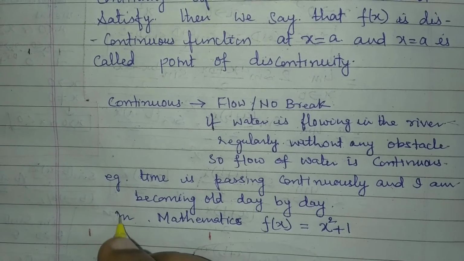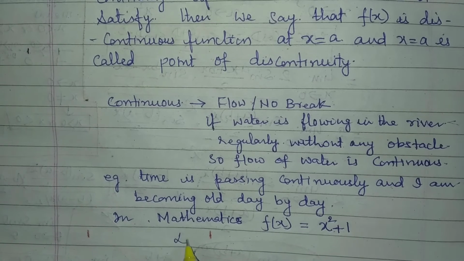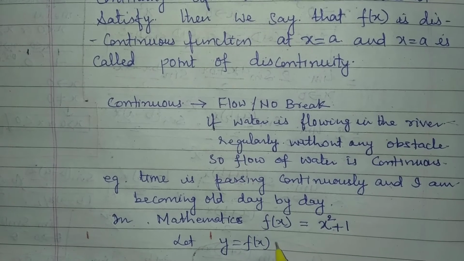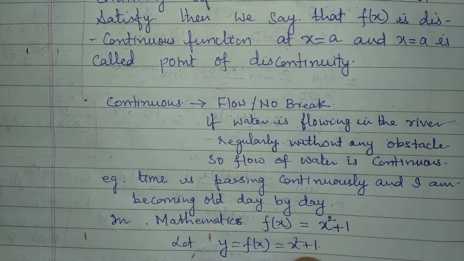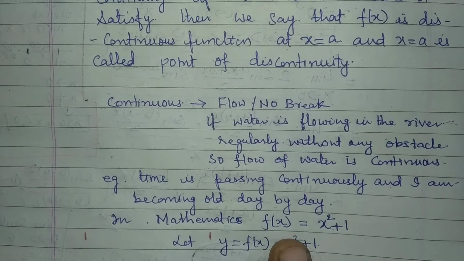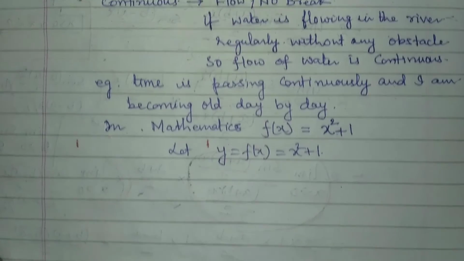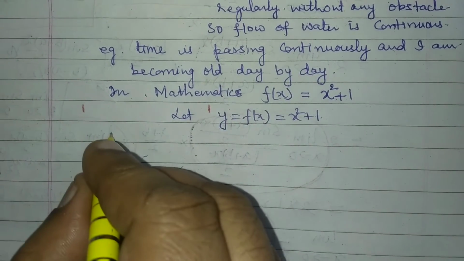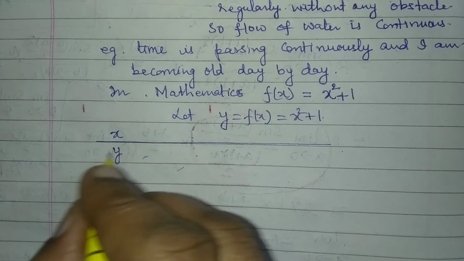If we draw the graph of this, let us suppose y is equal to f(x) and f(x) is equal to x square plus 1. This is a quadratic function because of x to the power 2, a quadratic polynomial. Now we will draw a graph by taking some values.